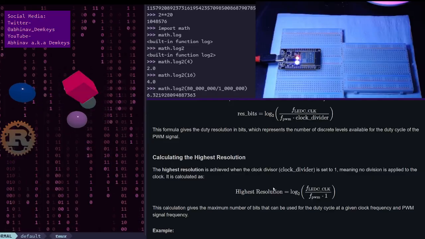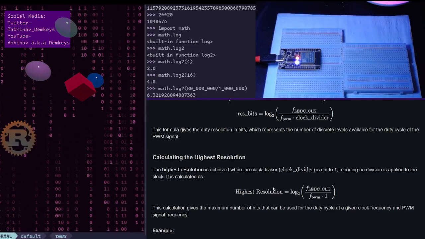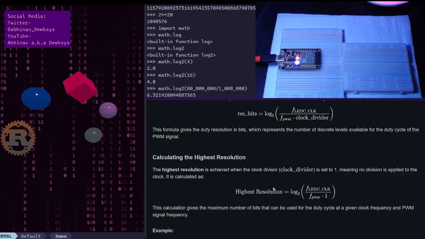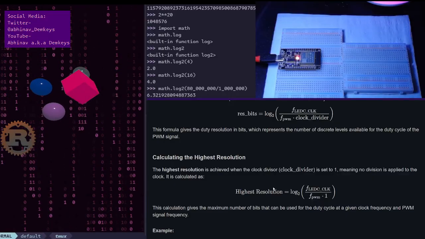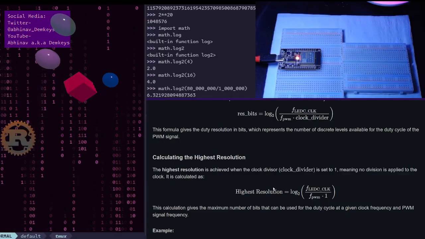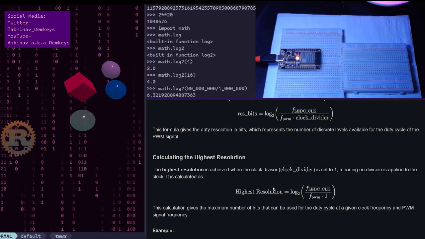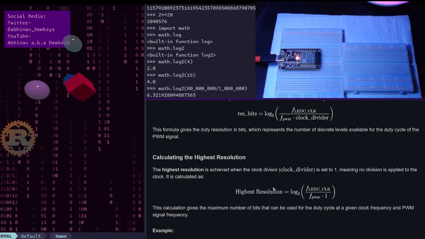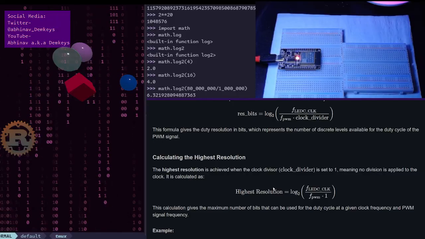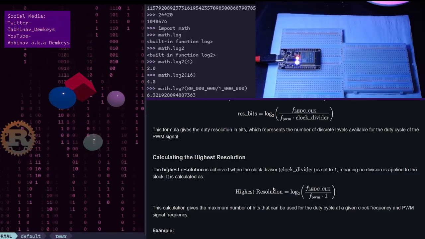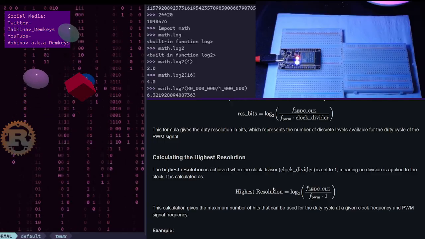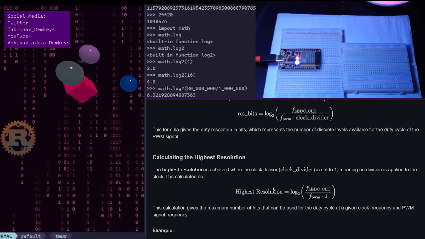I don't know what this means. This calculation gives the maximum number of bits that can be used for the duty cycle. Oh, we can only use 6 bits for one duty cycle. So 64.